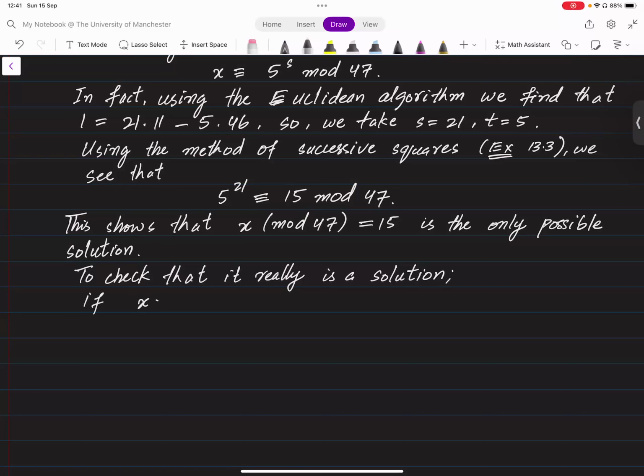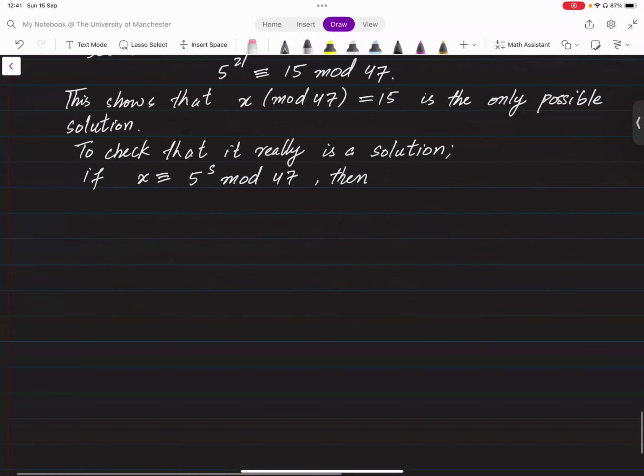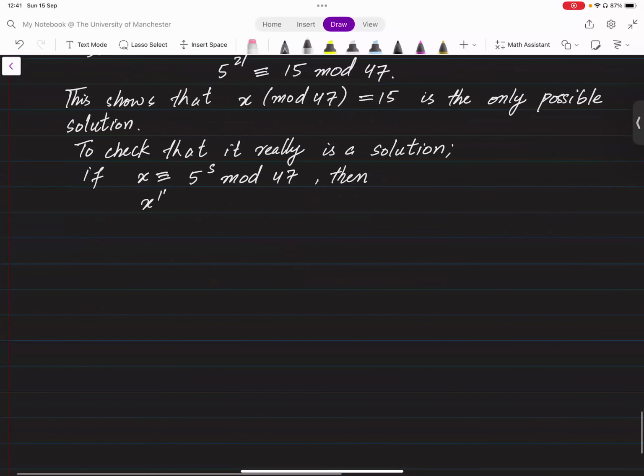If x is congruent to 5^s mod 47, then x^11 is congruent to 5^(11s), which is congruent to 5^(1+46t).